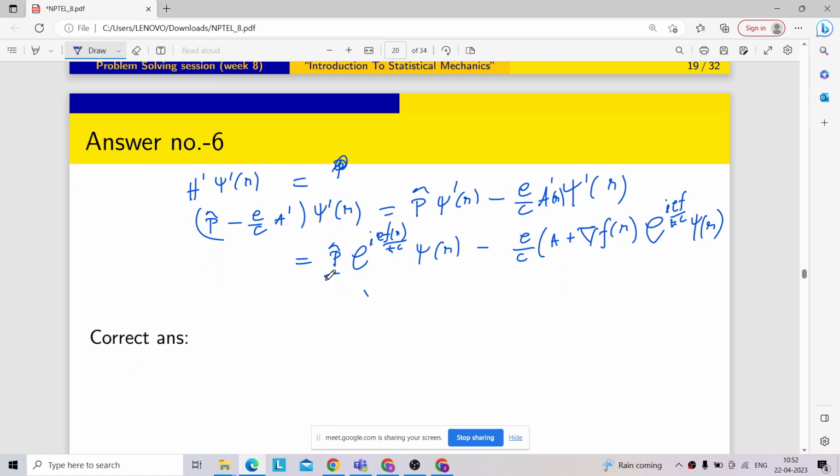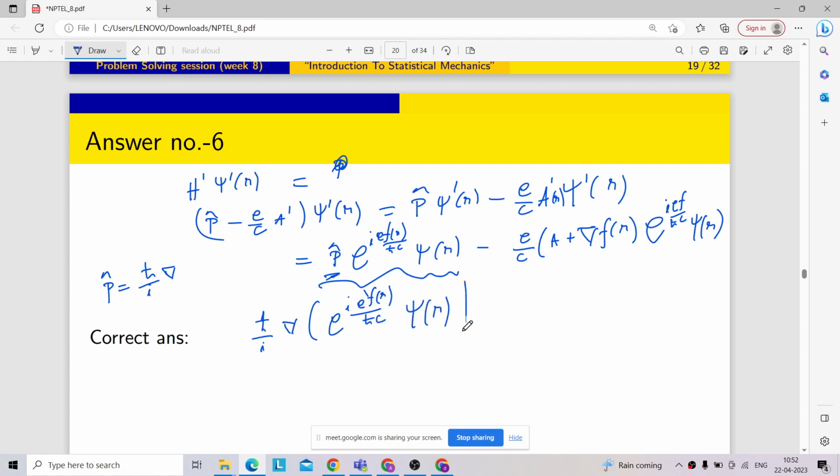Now this p operator, you might be knowing, p operator can be written as h cross over i gradient. So let's evaluate this term: this will be h cross over i gradient of this whole e to the i e f of r over h cross c psi of r.